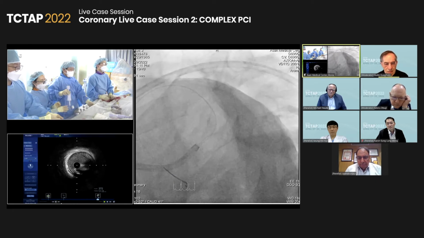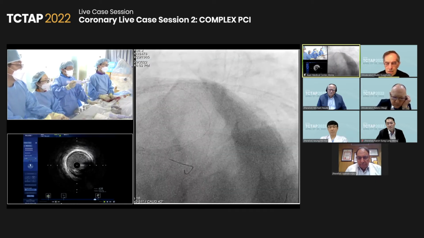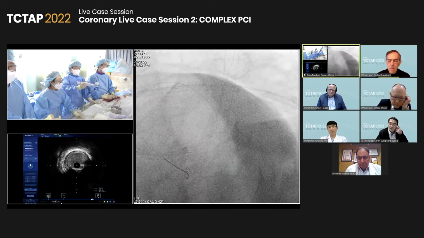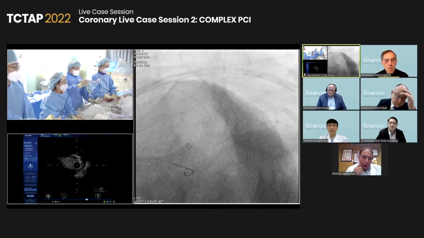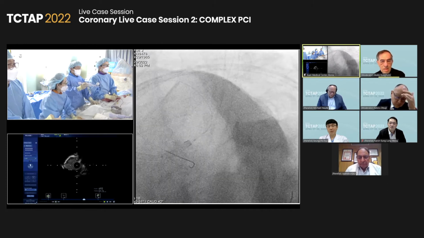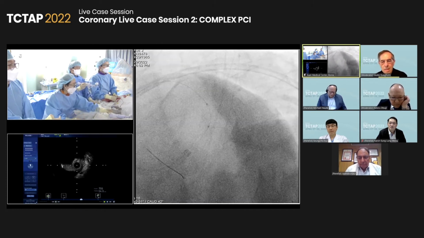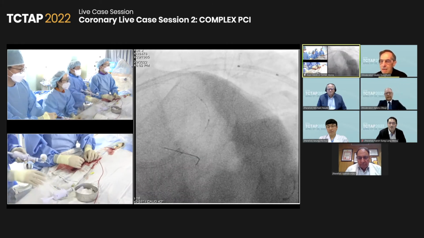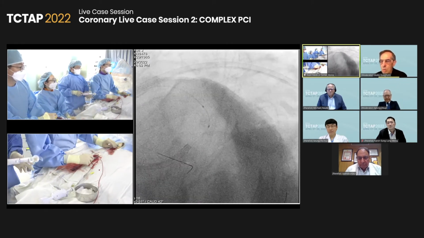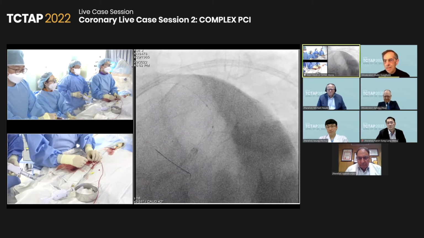It is the case. IVUS images are good. Personally, I think when you are dealing with these things, you can see better by using a different type of imaging technique. But anyway, there is a huge amount of asymmetric plaque calcification. So what to do? Michael?